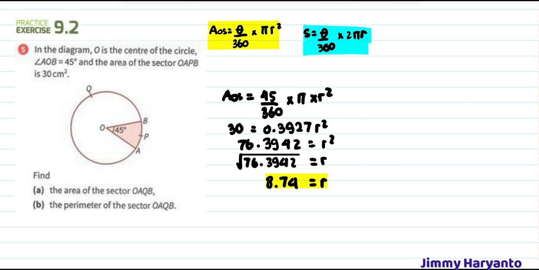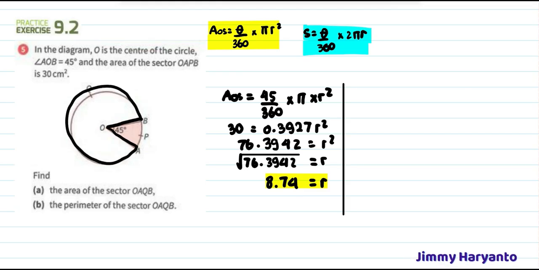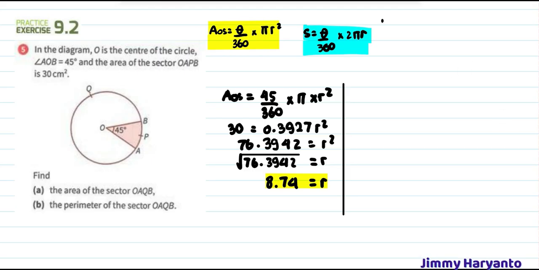And the question wants you to find, oh my gosh, for question A actually we don't have to find the area. For question A, the question wants you to find OAQB. So OAQB is that one. Just use the ratio of the area of sector. So area of sector 1 divided by area of sector 2.